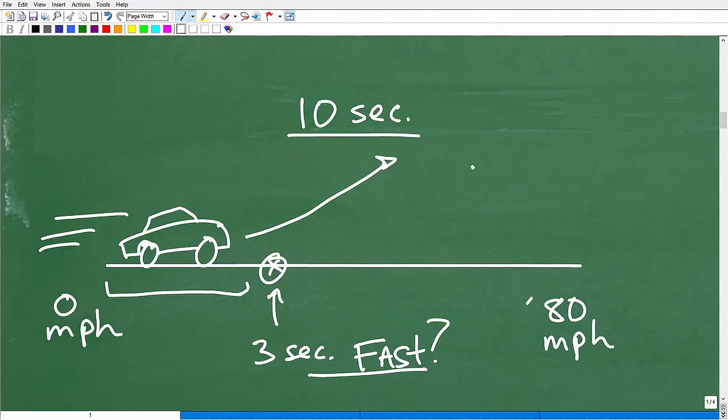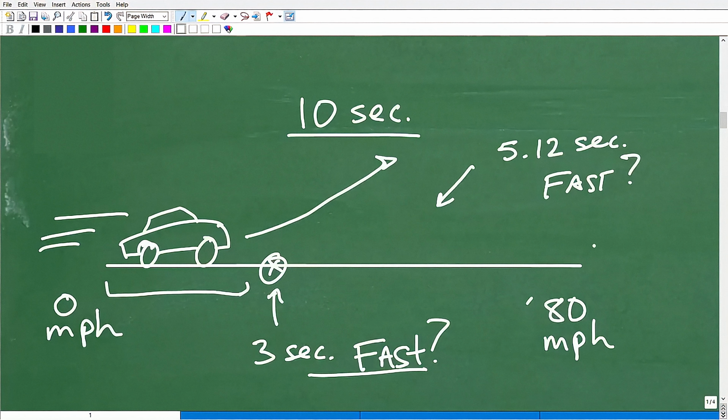So I might ask you, well, what about 5.12 seconds into this car's acceleration, how fast was it going? How fast was it going in that precise moment in time? This is an accelerating car, not a car that's going at a constant speed.